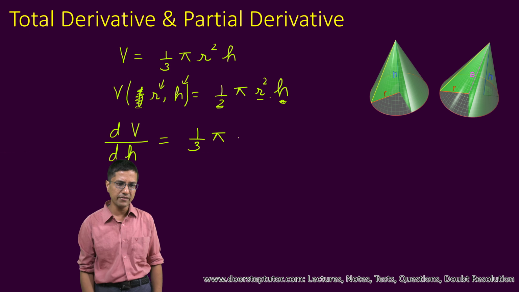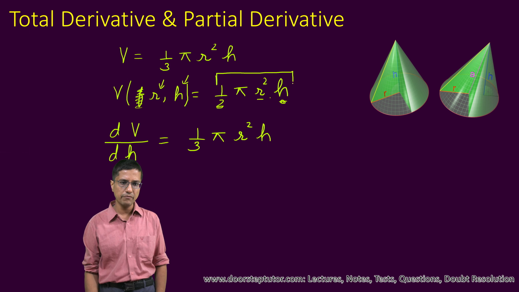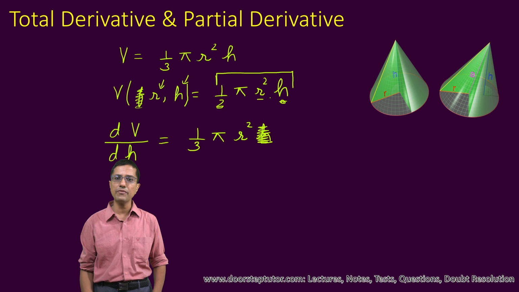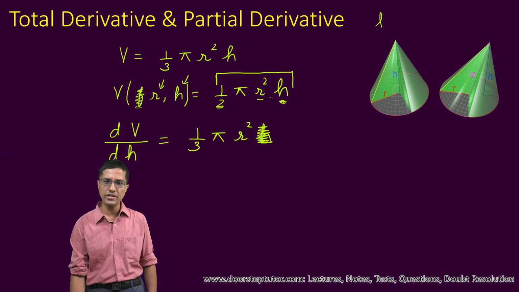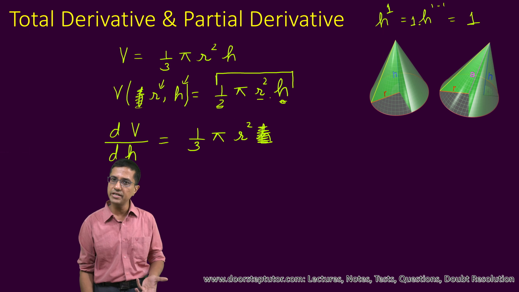First we'll differentiate this entire term with respect to h. This h would just vanish, because differentiating h raised to power 1 gives h raised to power 1 minus 1, and the old power comes in front, so it just becomes 1. So this h just vanishes.